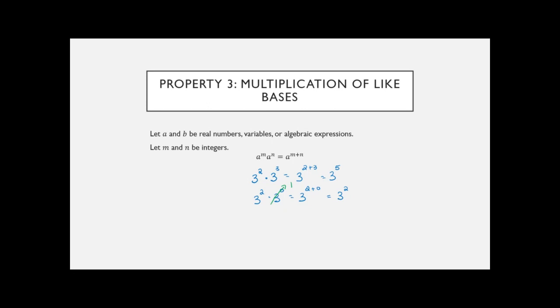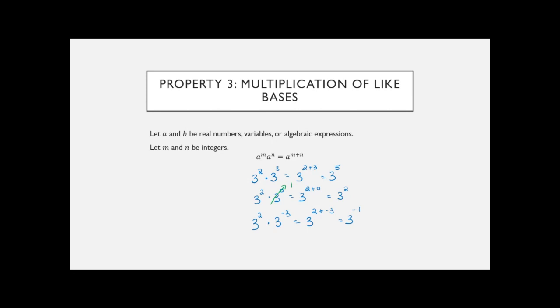And it works with negatives as well. So if I had 3 squared times 3 to the negative 3, add the exponents, so it's 2 plus negative 3, and you end up with 3 to the negative 1 exponent.